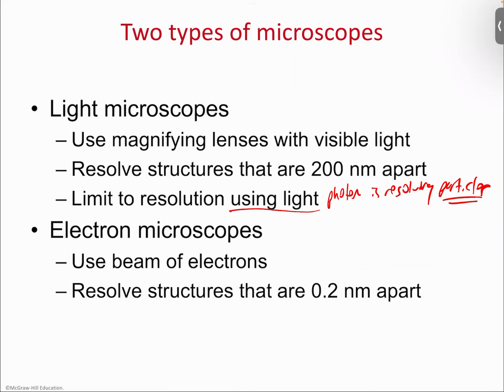I'm good. So for instance, if here's my sample, and here's my photon of light, if my photon of light hits the sample, it'll reflect off, and then I can see it. However, what happens if my sample is smaller than a photon of light? What if I've got a little tiny sample, but my photon of light is like this?